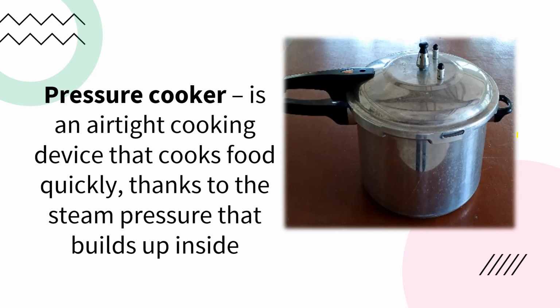Next, pressure cooker is an airtight cooking device that cooks food quickly. Thanks to the steam pressure that builds up inside, mas mapapadali, mapalambot ang niluluto kapag ito ang gamit. So, ito ang pressure cooker. Ayan o, sinabi, device that cooks food quickly.